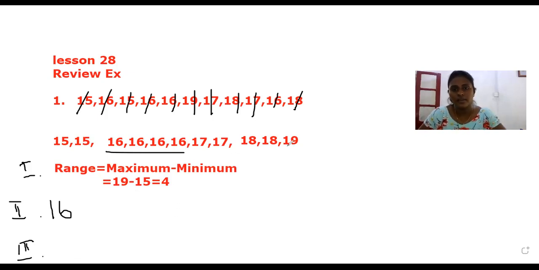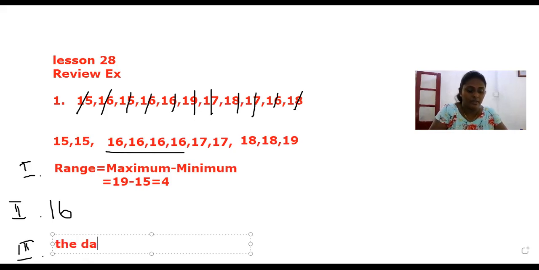Third is asking the median. As there are 11 data, you can take it straight away, but there is a way of finding the datum of the median. So how to find the datum of the median?